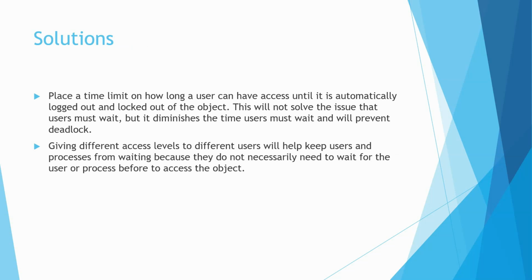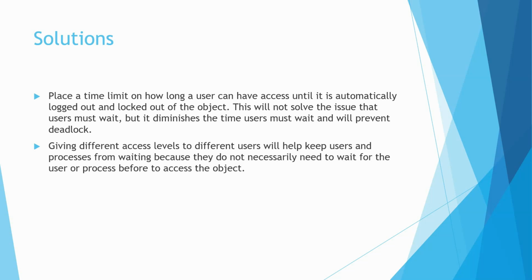This will not solve the issue that users must wait, but it diminishes the time where users must wait and will prevent deadlock. Another solution would be giving different access levels to different users, and that will help keep users and processes from waiting because they do not necessarily need to wait for the user or the process before to access the object.